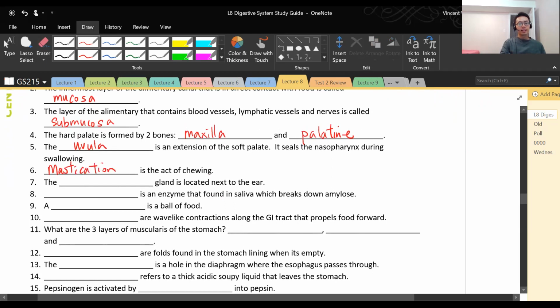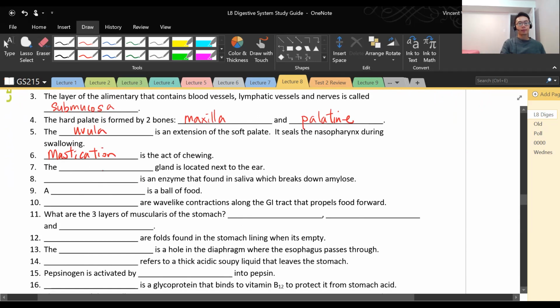The uvula is an extension of the soft palate. It seals the nasopharynx during swallowing, so food doesn't shoot out from your nose. Mastication is the act of chewing. The parotid gland is located next to the ear. Amylase is an enzyme that is found in saliva, which breaks down amylose. Oh my goodness, so many typos here.